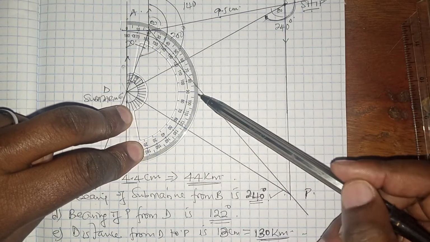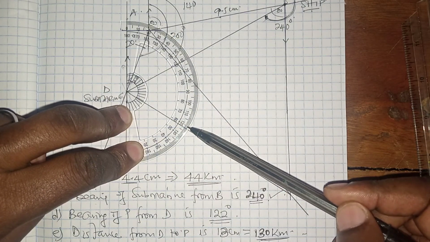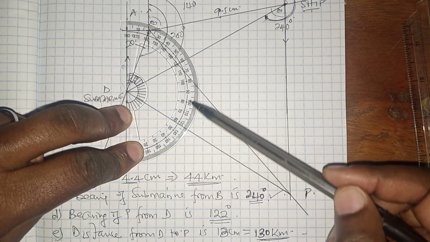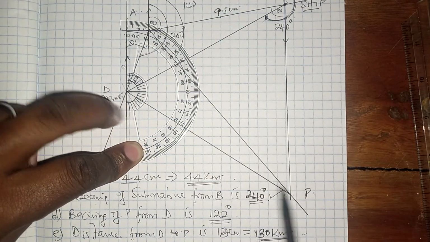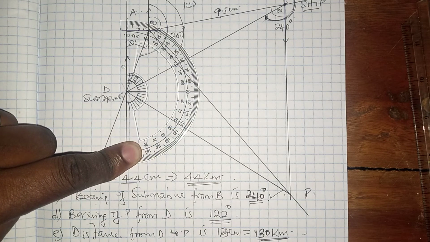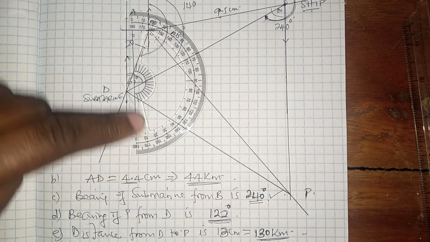This is 90, 100, 110, 120, 122 degrees. You can see all the way from here to this line, the bearing of P from D is 122 degrees. And there we are.